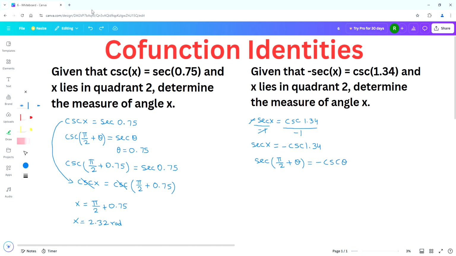If we compare this identity to our equation, we can see that theta equals 1.34. We can sub in theta as 1.34 in the identity.